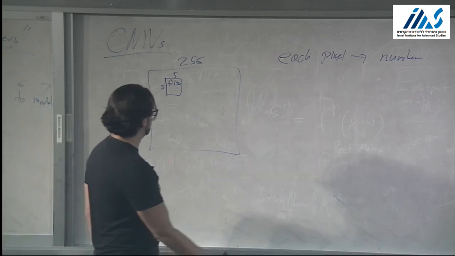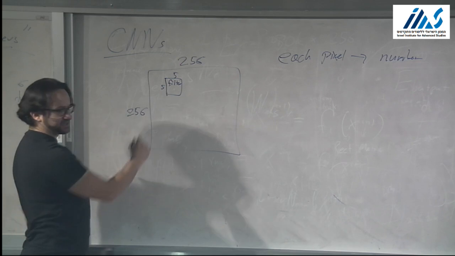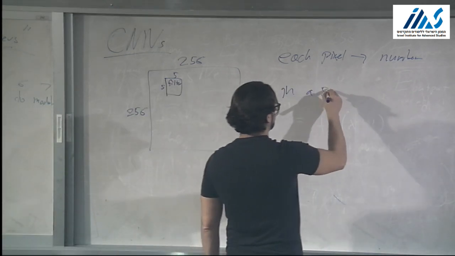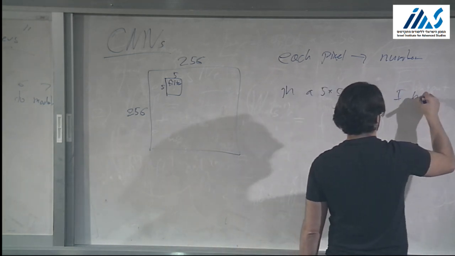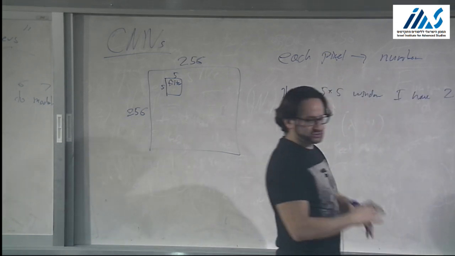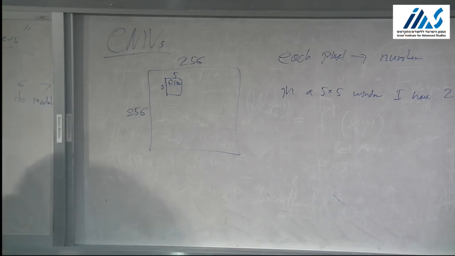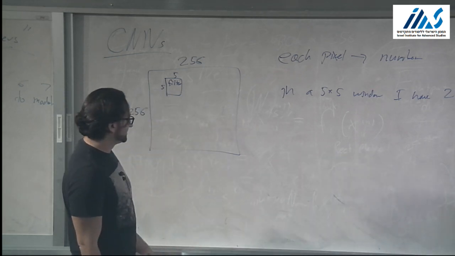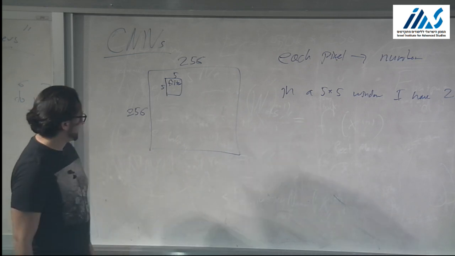And this filter is something that acts on all of the pixels in some 5 by 5 window. So in a 5 by 5 window, I have 25 pixel values. So I just have a 25-dimensional vector space. And that seems really great because now I can just act on that 25-dimensional vector space.